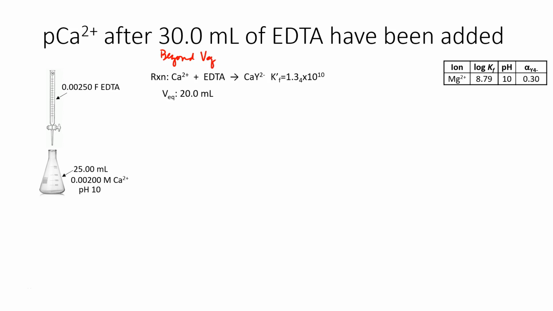So what is true beyond the equivalence volume? Not only have you added enough EDTA to bind all of the calcium, you've added excess EDTA. So at this point in the titration, this solution will contain the complex and excess EDTA. We better figure out those concentrations using an ICE table.